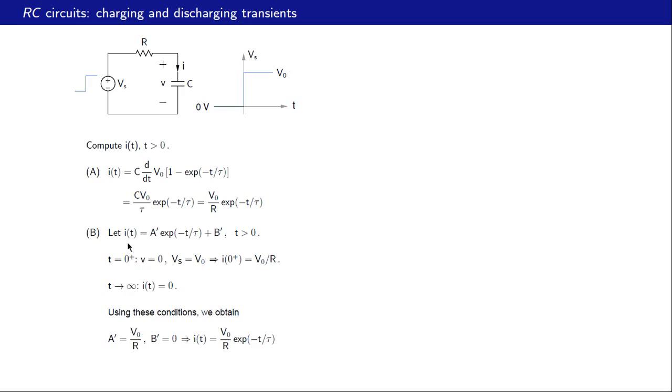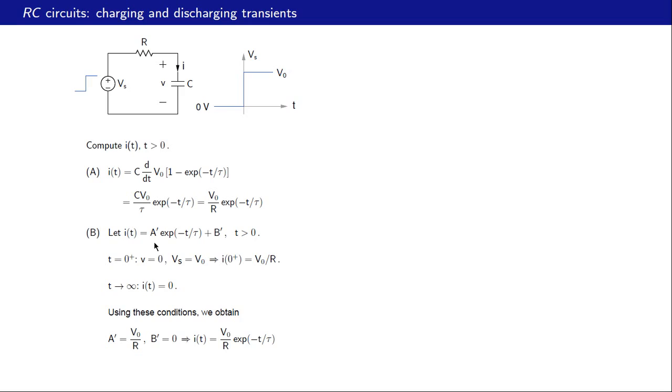So let I of t be a prime e raised to minus t by tau plus b prime for t greater than 0, for which region we have DC conditions because our Vs is simply a constant equal to V0. Now we can do that because, as we have said earlier, any current or any voltage in the circuit has this form, and therefore we can write I of t like this.